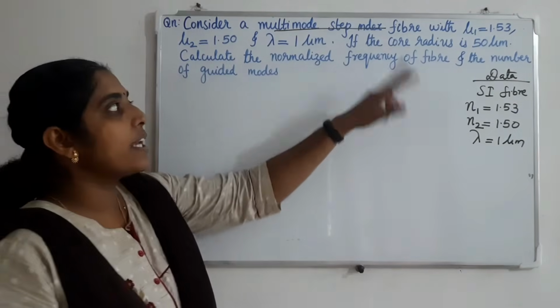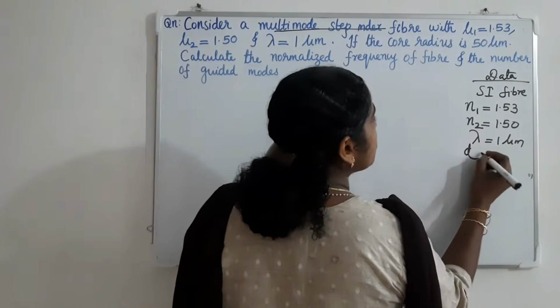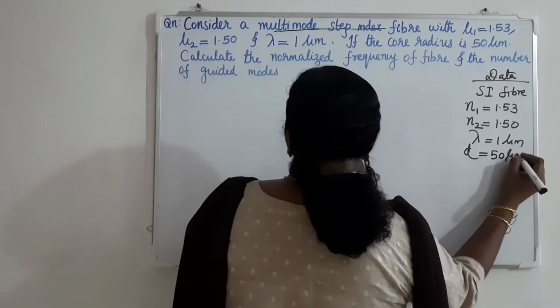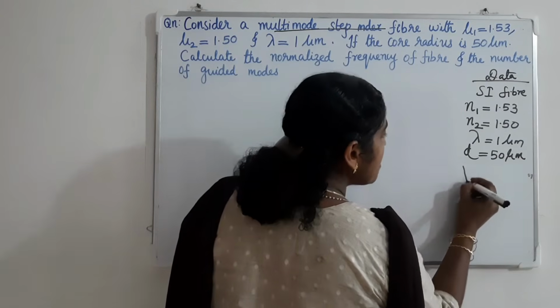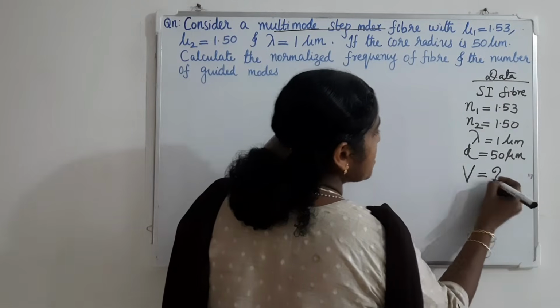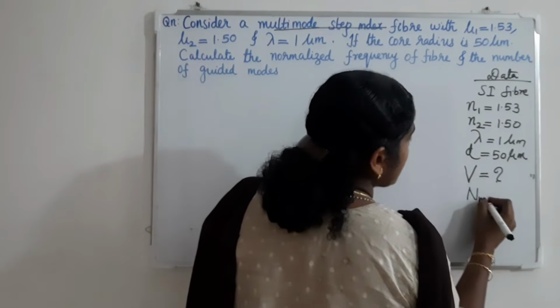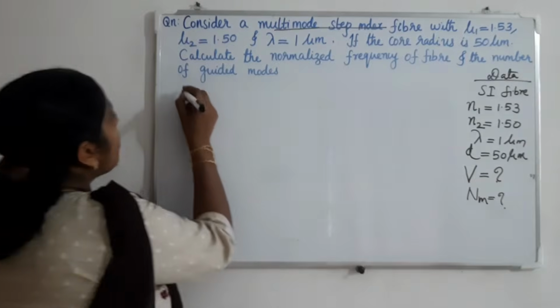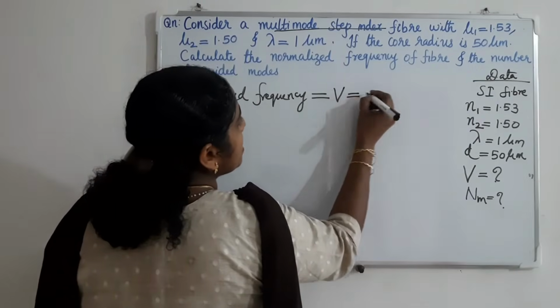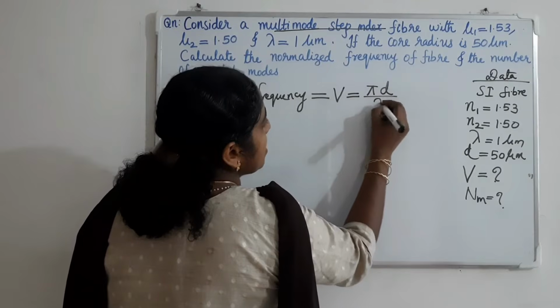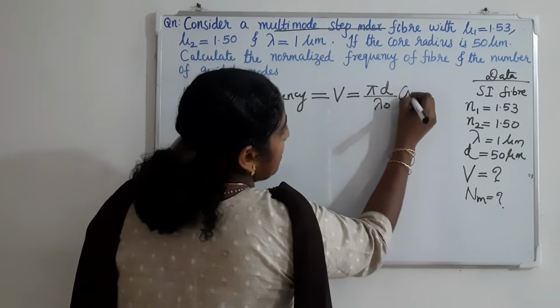If the core diameter D equals 50 micrometer, calculate the normalized frequency. Normalized frequency means V number, and the number of guided modes. We can find the normalized frequency from the V number expression, pi d by lambda 0 into numerical aperture.